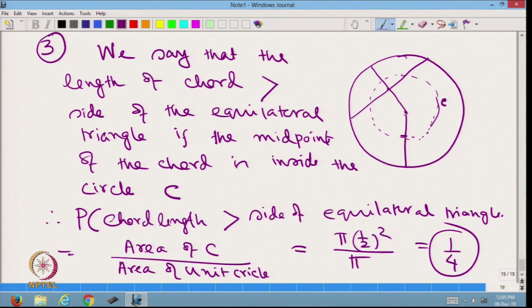Thus, we see that depending upon the interpretation of the sigma field, we are going to get different answers in different cases. In the first case, we were looking at the sigma field to be points on the circumference and the length of those arcs.